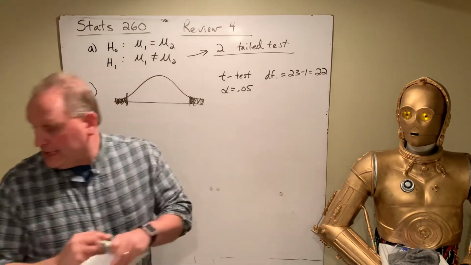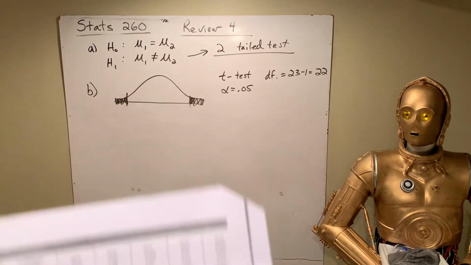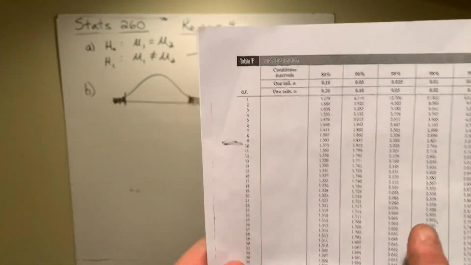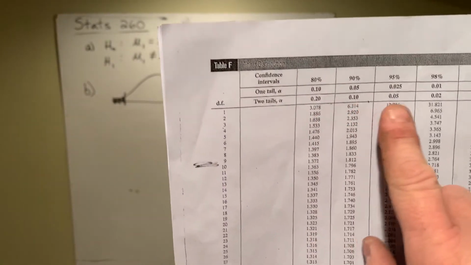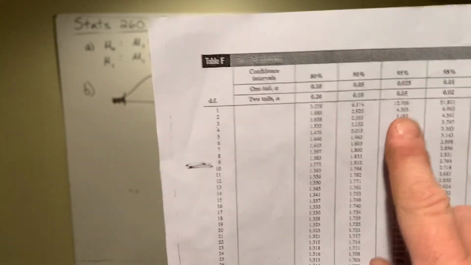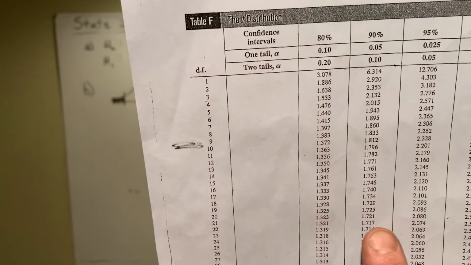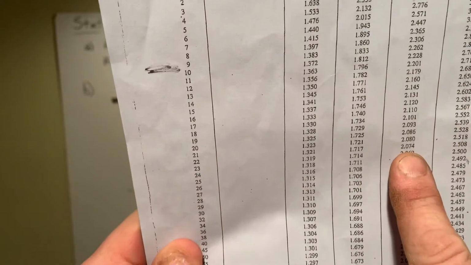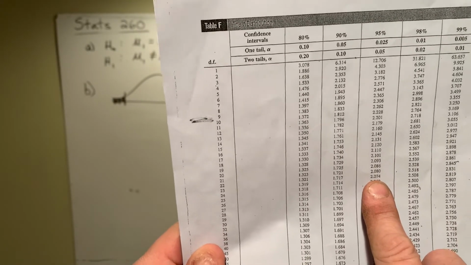And so now again, I'm going to do the little paper. Let's take a look here. That is 5% significance level, two-tailed test, 5%, and now we follow it down to 22. So there it is, 2.074.